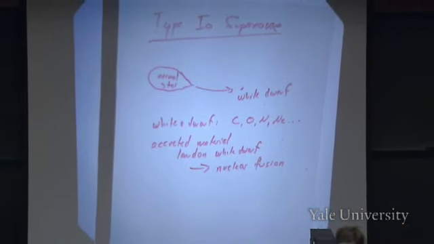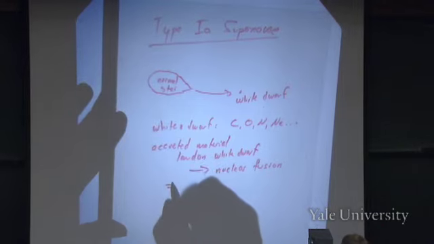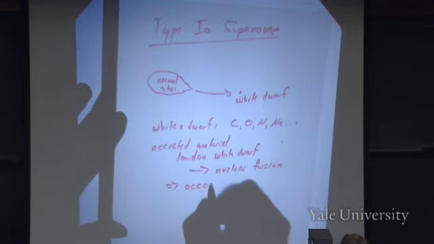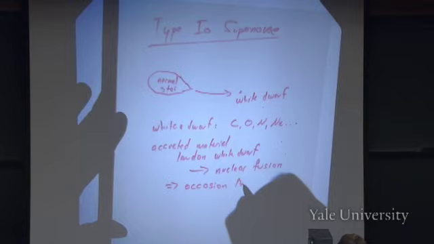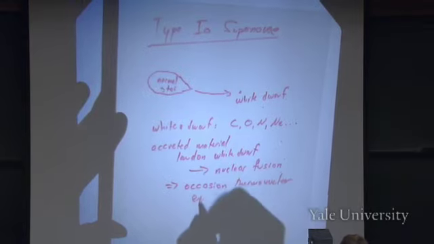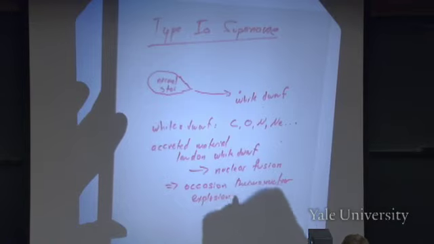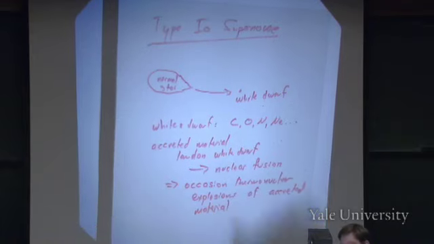And so what actually happens is you have occasional thermonuclear explosions of the accreted material. You pile up all this hydrogen and you wait some amount of time, somewhere between 10 days and 10 to the 5 years, depending on the object.